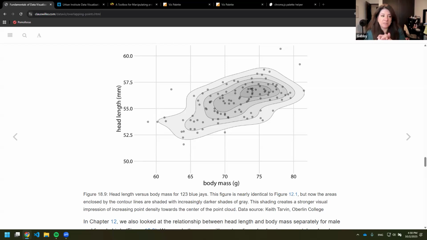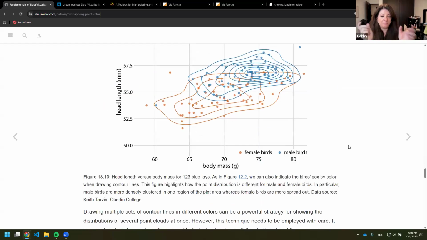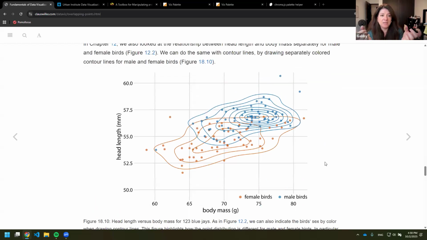And the second thing I was going to say is that I liked the other graph about the males and females with body mass or head length. I like it because you're comparing two groups, but there's so much overlap between them. So if you want to highlight females, put males in a very light gray.